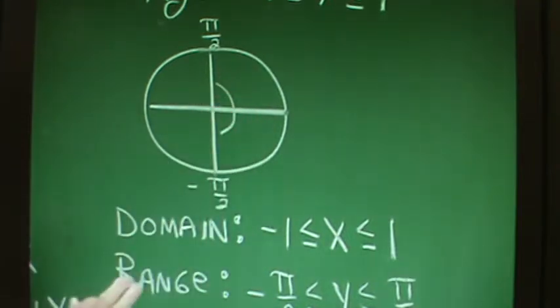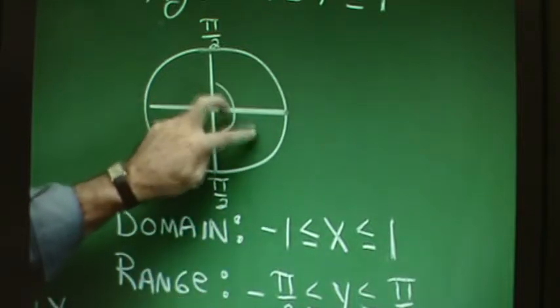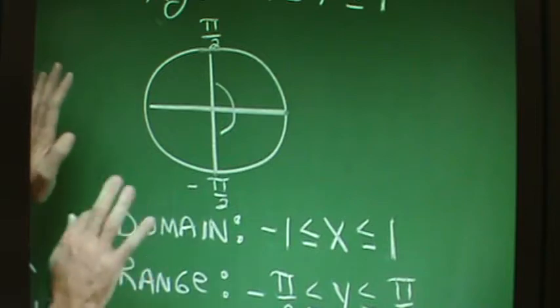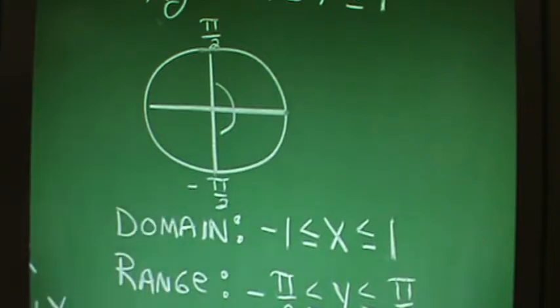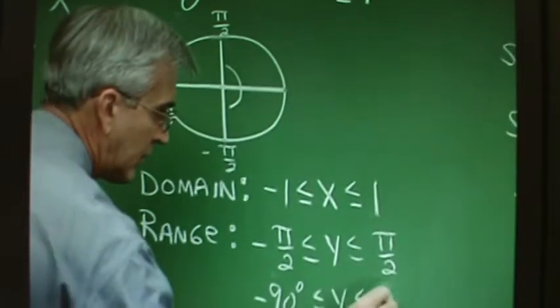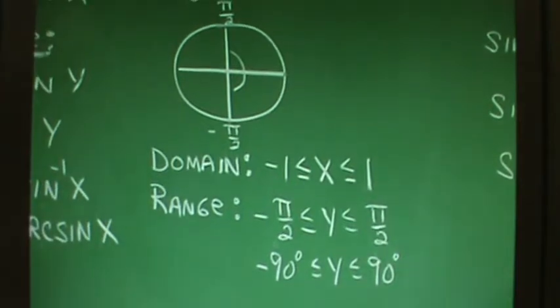You see, so when we perform this operation of inverse sine, we're going to get answers or angles that fall in these two quadrants only. Now, we'll deal with other situations, but we need to realize that from the very beginning. All right, and this corresponds to negative 90 degrees to 90 degrees.